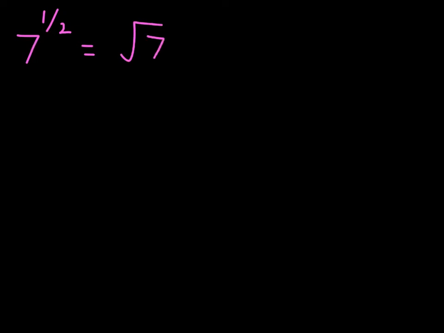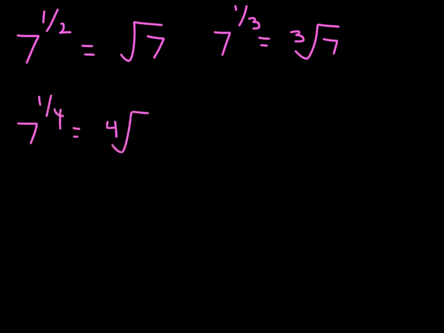Notice that the index, which is not written, is understood to be 2. That leads us to believe that 7 to the 1/3 would be the cube root of 7, 7 to the 1/4 power would be the 4th root of 7, and so forth.